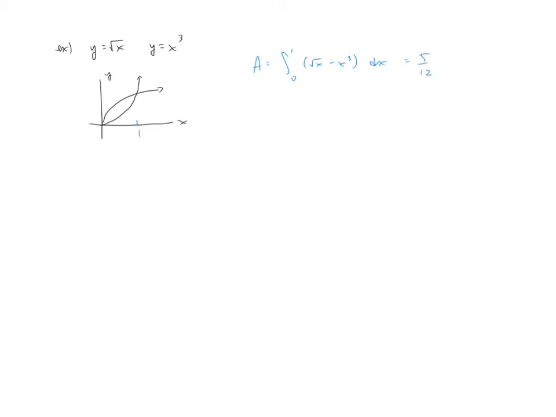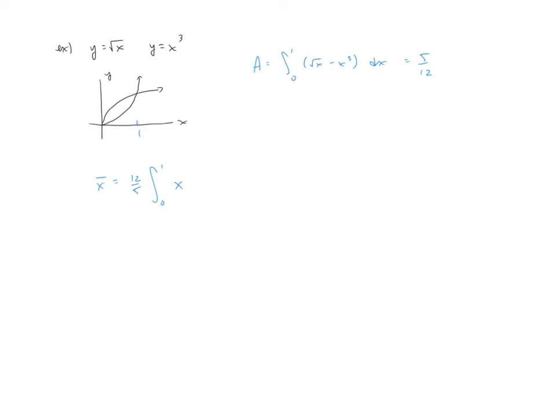So now, for the x bar. The x bar is 1 over A. So 1 over 5 over 12 would just be 12 over 5, so I'm going to put that out in front. I'm still integrating on the same interval, 0 to 1. And then I have the x f of x. Well, the x is going to be easy, just put that in there. But that f of x, like I pointed out, is still going to need to be that top minus the bottom.